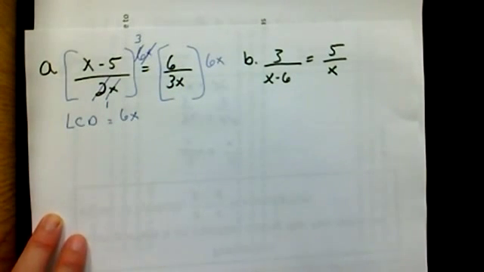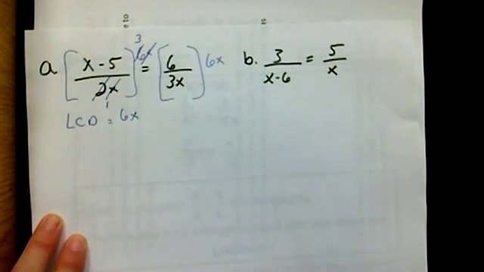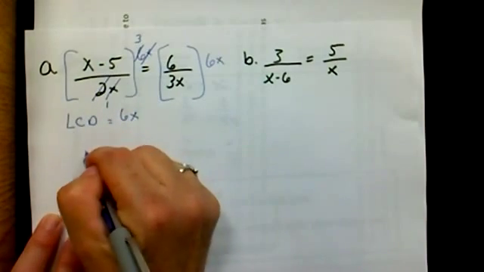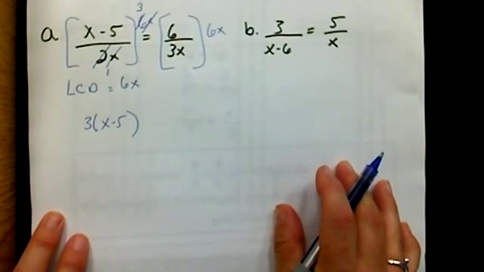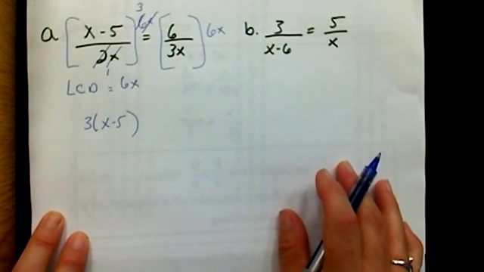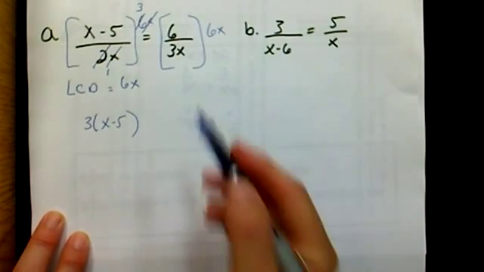With every one of these, your denominator is going to disappear, and we're going to find that throughout this whole section. So what I'm left with is 3 times x minus 5. You guys able to see that in the back row? Yes? Okay, because I know sometimes it gets a little hard to see back there.